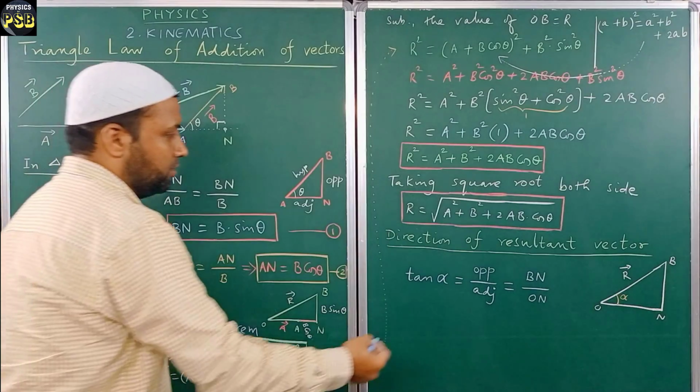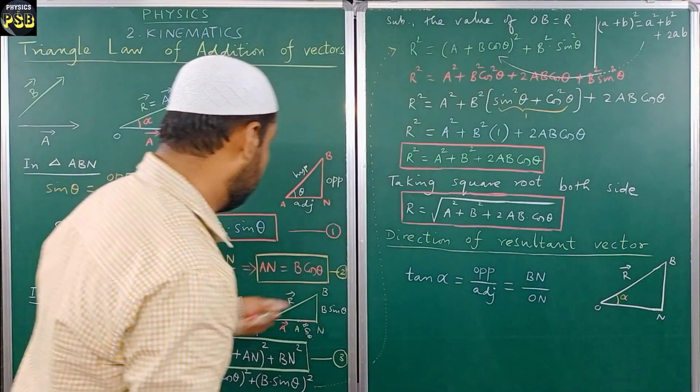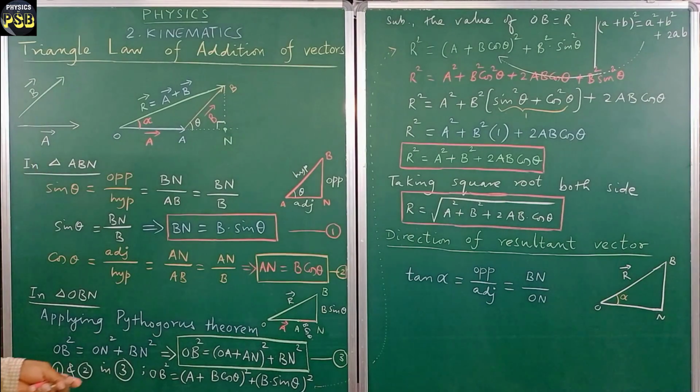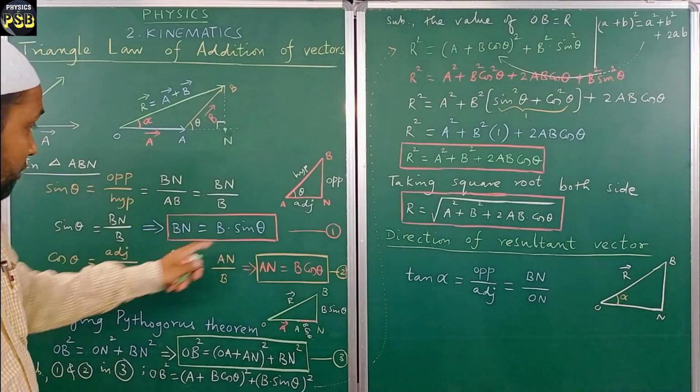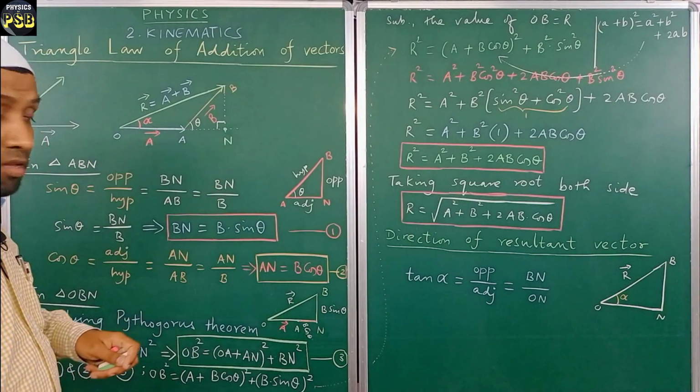The next step, I'm going to substitute the values of BN and ON. What is the value of BN? BN is B sin theta, and the value of ON is OA plus AN.